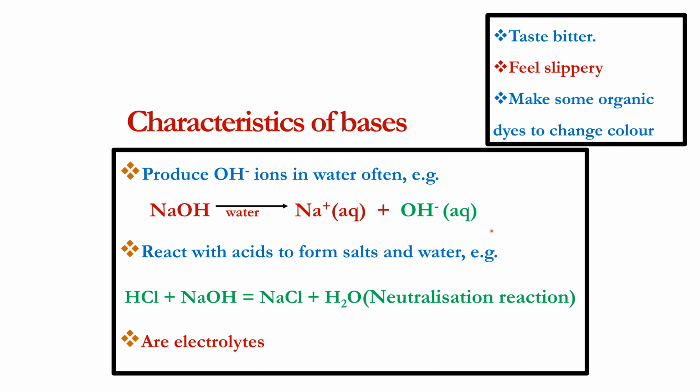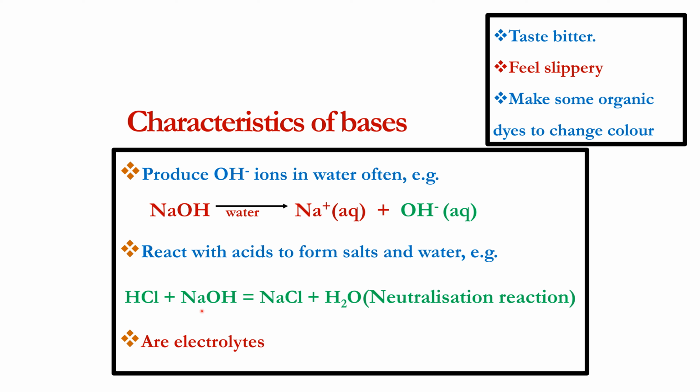For example, as we have seen earlier, sodium hydroxide in water will dissociate to form Na plus and hydroxide ion. So bases produce hydroxide ions in water. Bases react with acids to form salt and water.